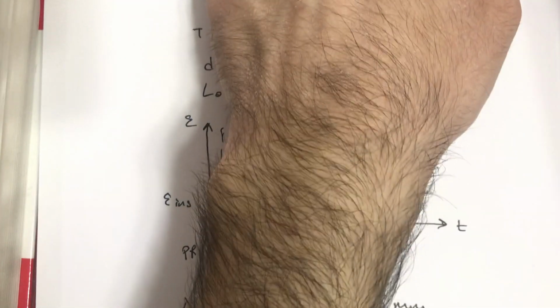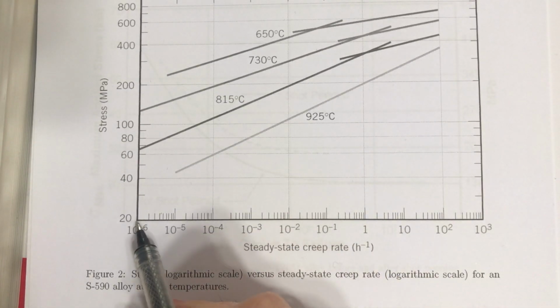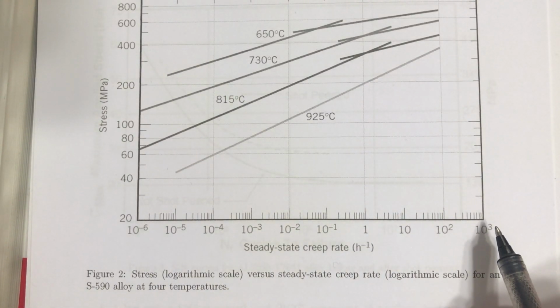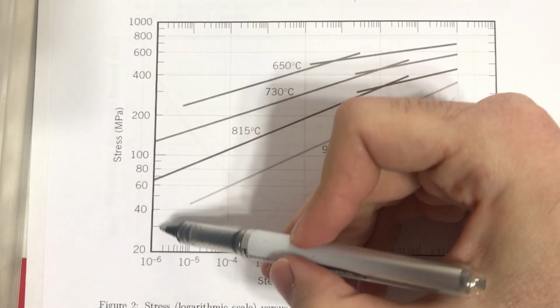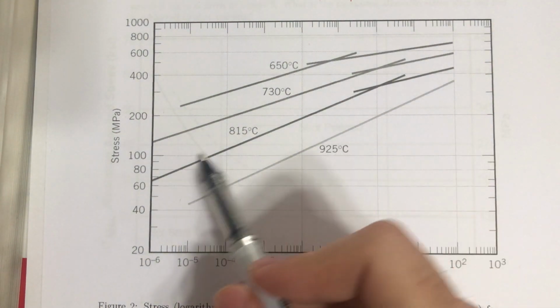Then we return to our chart here. At the x-axis, the steady state creep rate is given, and here stress levels are given for different temperatures.